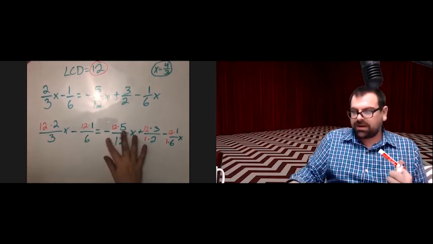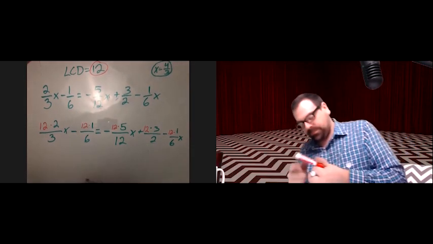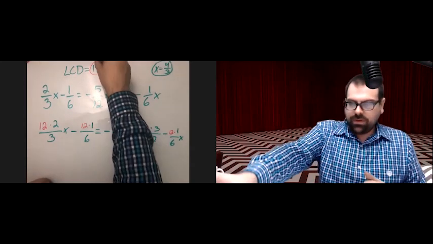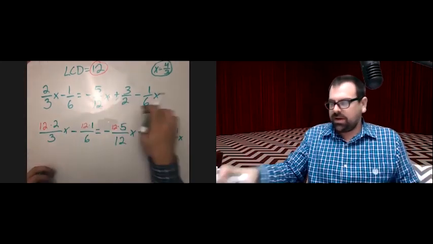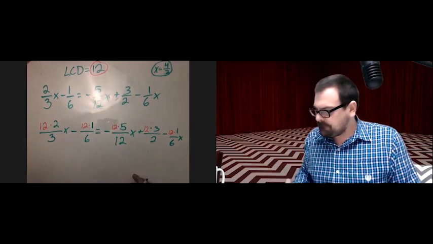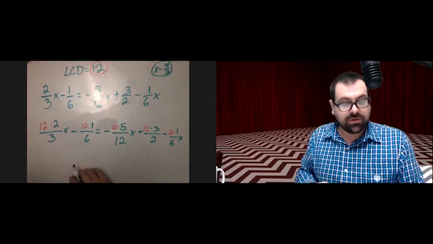So why worry about it? Times 1 is itself. Now, because we specifically used 12, because it was a common denominator, a common multiple of all the denominators, it's going to get rid of all the fractions now.